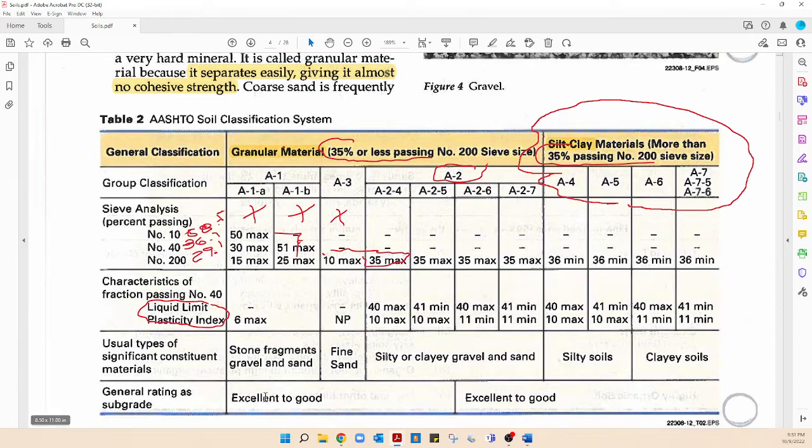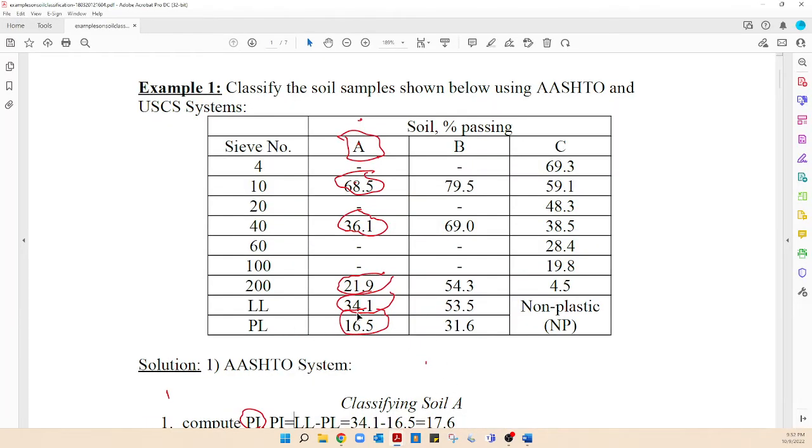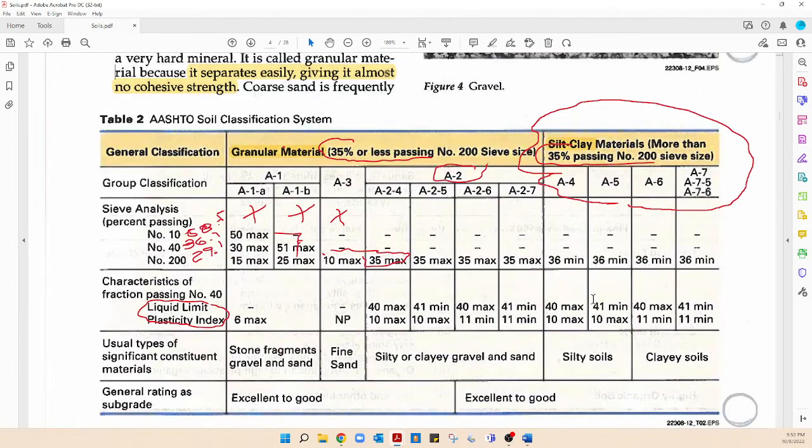But once again, you go over here to this feller right here, and there it is. Liquid limit 34.1, plastic limit 16.5. So if we go back here, 34.1, 16.5.